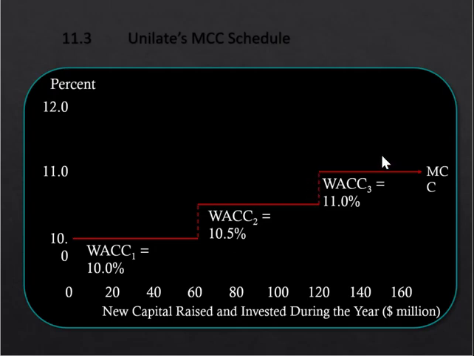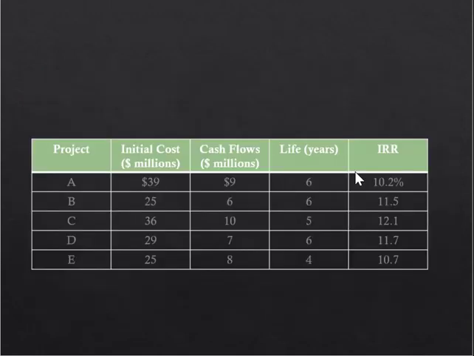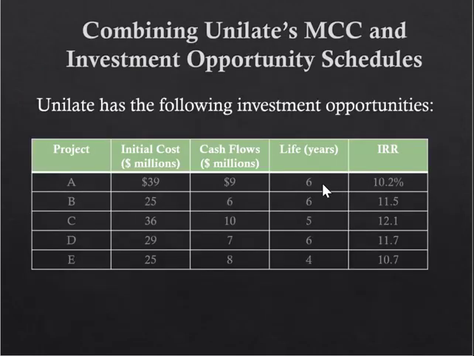So you plot that out, and then you go, okay, let's start crossing that against the projects that we've got available. So we combine Unilite's marginal cost of capital with its investment opportunity schedule. Let's think about what we just did in Chapter 10. Normally companies have a ton of projects, so you add up all the projects that are available to you.